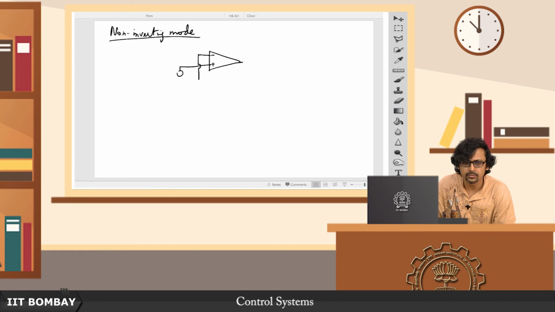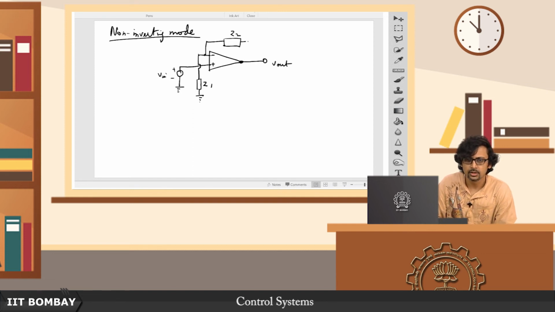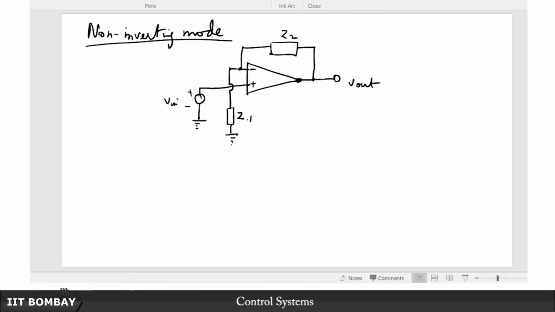The non-inverting terminal is connected to a voltage source V in, which is grounded, and at the inverting end we have Z1 and Z2. So this is V out, this is the non-inverting mode operation of the operational amplifier.